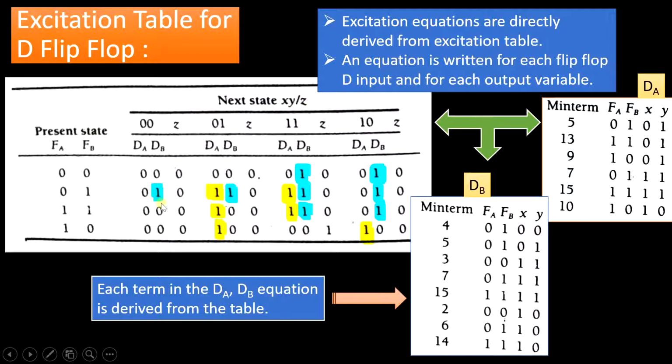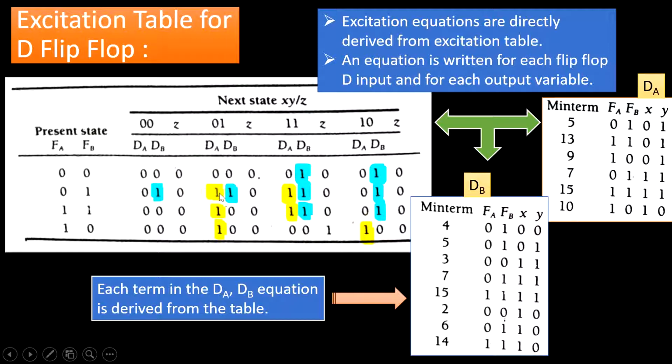When we write the expression for the D flip-flop, that is DA, the first flip-flop, we need to search in the next state where it corresponds to logic 1. If you look at that, you can see that I have highlighted in yellow color the outputs where it is equivalent to logic 1.